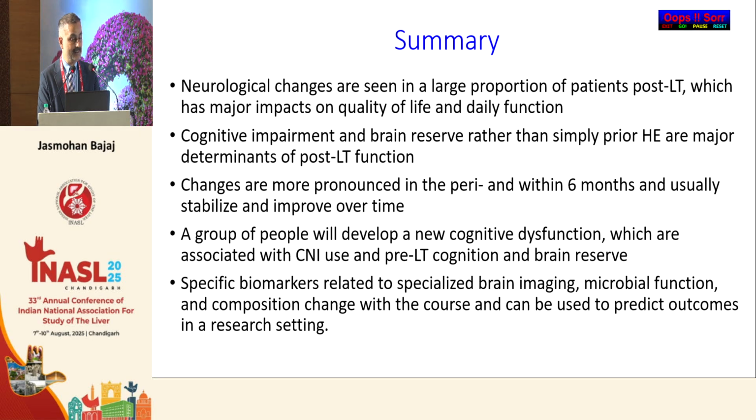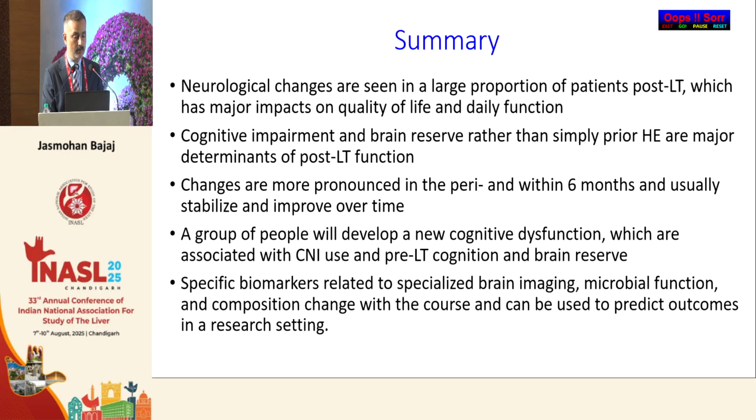So in summary, neurological changes are seen in a large proportion of patients post-LT, which have major impacts on quality of life and daily function. Cognitive impairment and brain reserve, which means individualizing this for every patient rather than simply saying this person had prior HE, are major determinants. Changes are most pronounced within the 6 months and usually stabilize and improve over time.